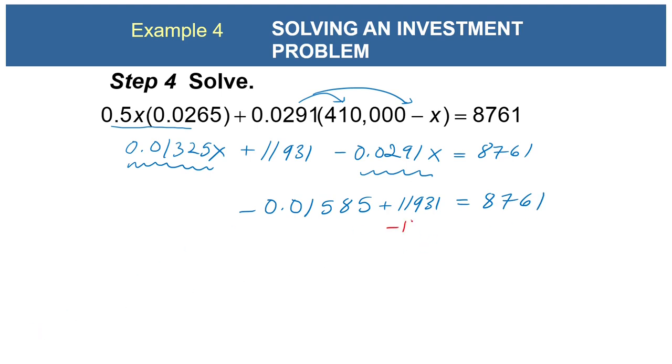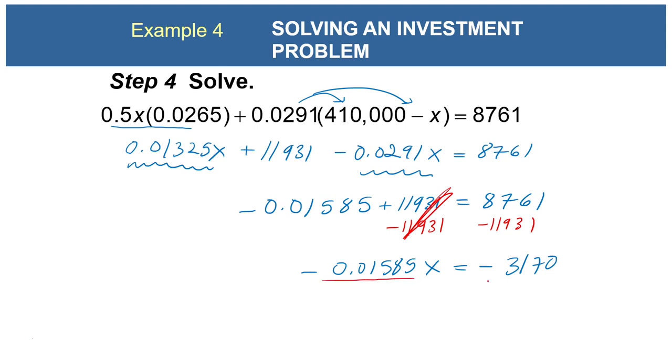Let's subtract 11,931 from both sides. This cancels out. We have negative 0.01585x equals negative 3,170.